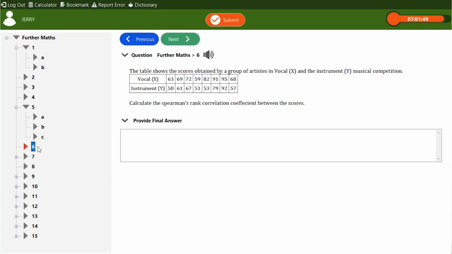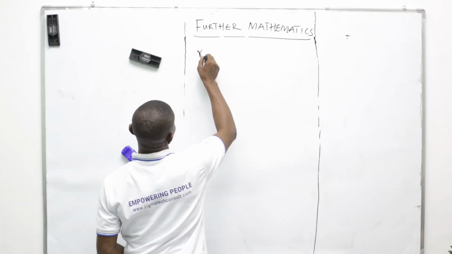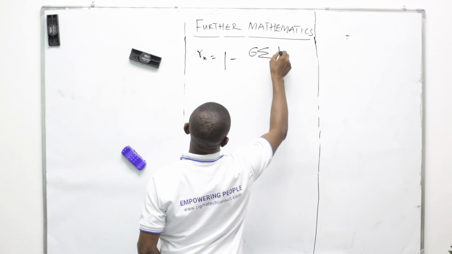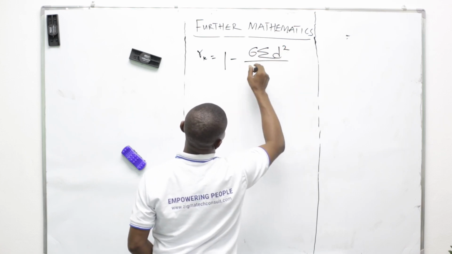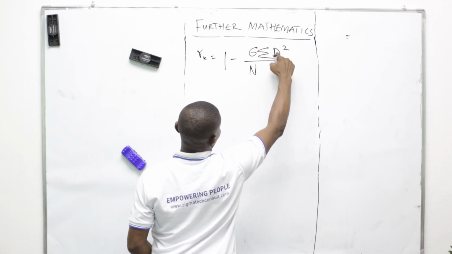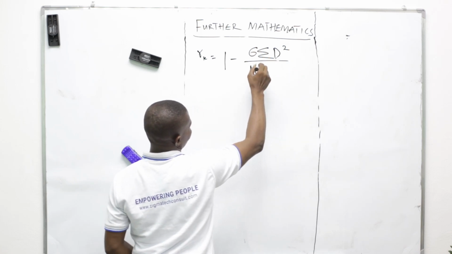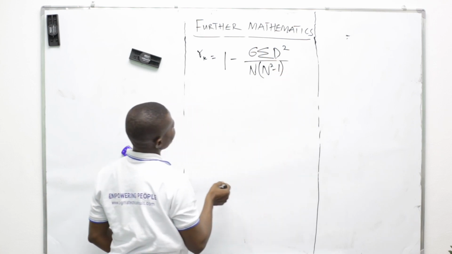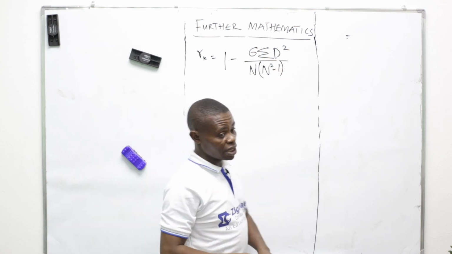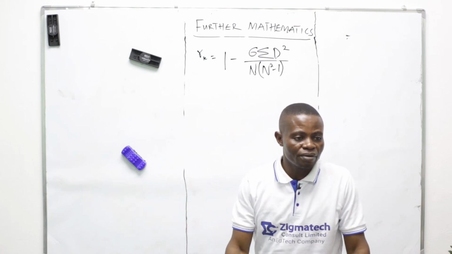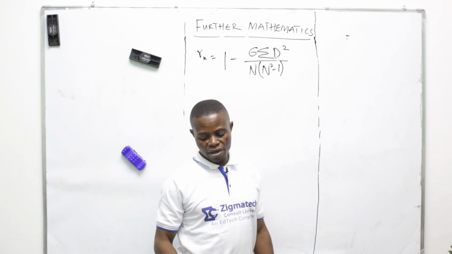Spearman rank correlation, R equals 1 minus 6 summation d squared all over n into n squared minus 1, where n represents the total numbers in x or y, they are the same. 1, 2, 3, 4, 5, 6, 7, 8.